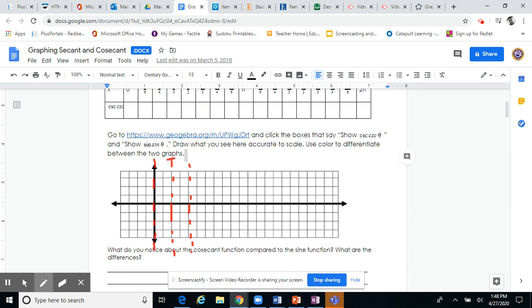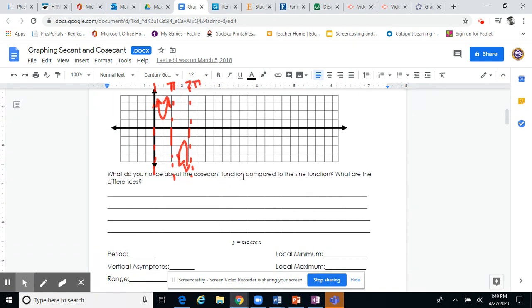Let's say that this is pi and this is 2 pi. Then we would have our curve up on the first one and the curve down in the second. Let me draw this one a little bit better so we can really see it. There we go. Your arrows go along the asymptotes, not crossing, not touching them.